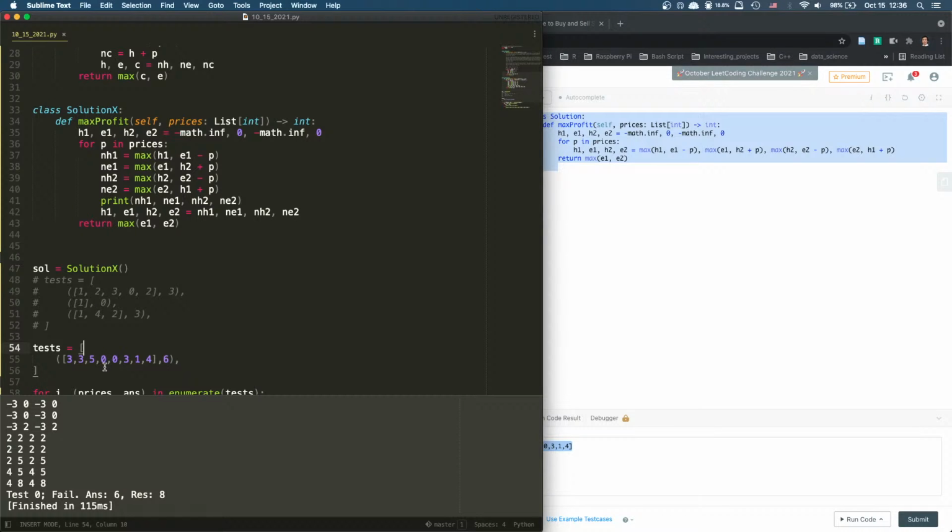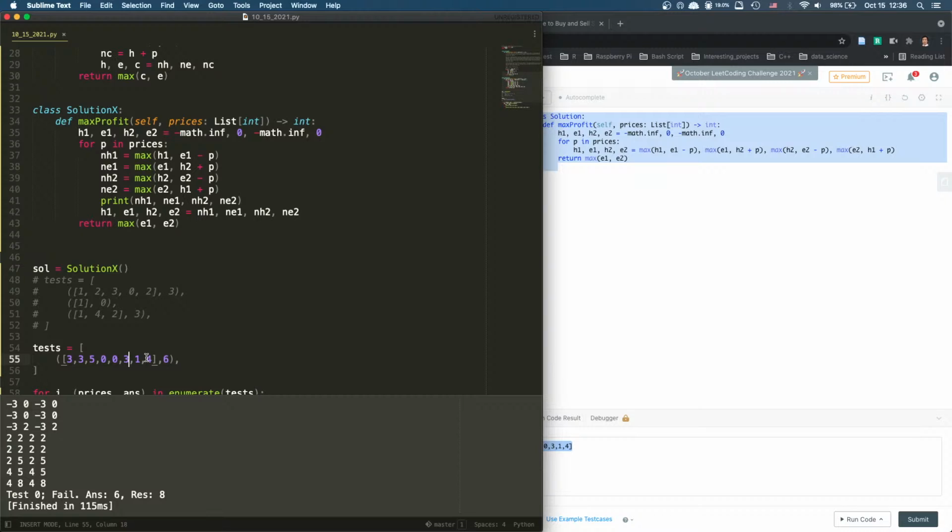I can't even figure out how it is possible to get to 8. Like maximum profit here is 2. This is 3. 2 plus 3 plus 3.